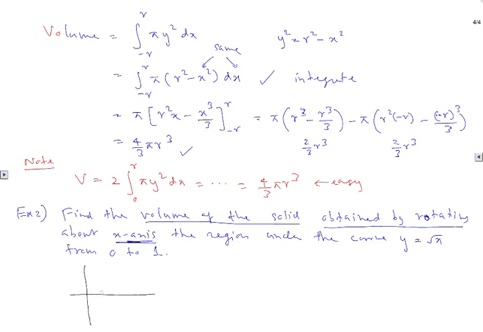So y equals square root x, that's this curve. It's going from, say, 0 to 1. That's the curve y equals square root x. Now we can rotate it. Once you rotate it, that's the radius. The radius generates a disk.